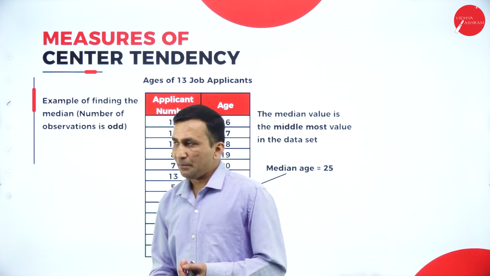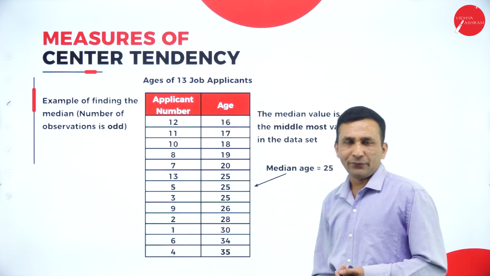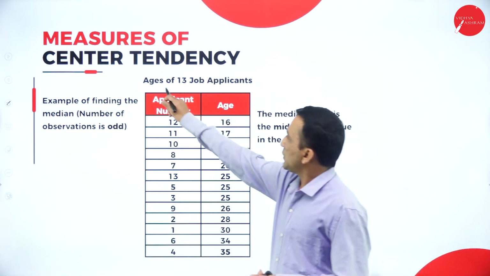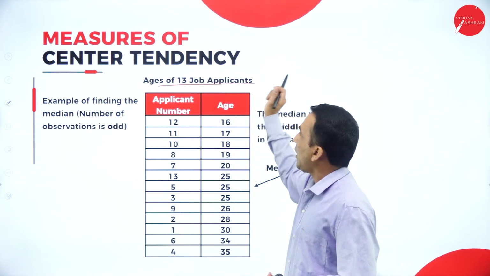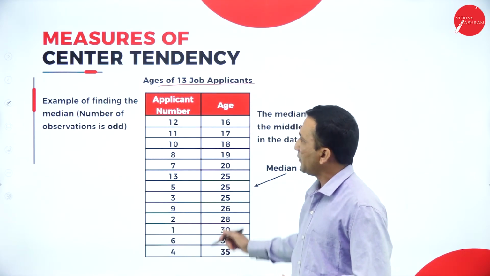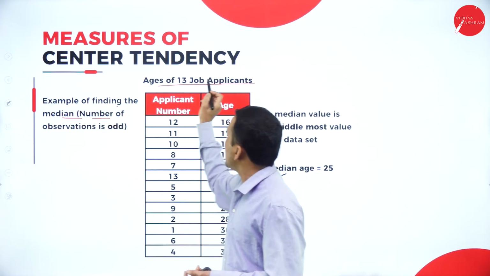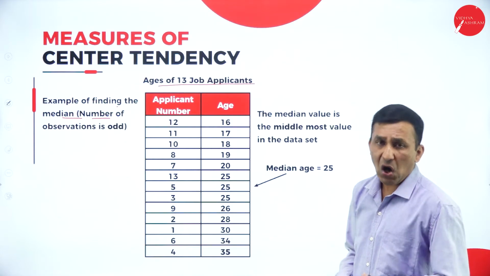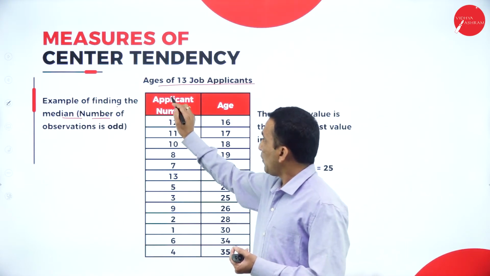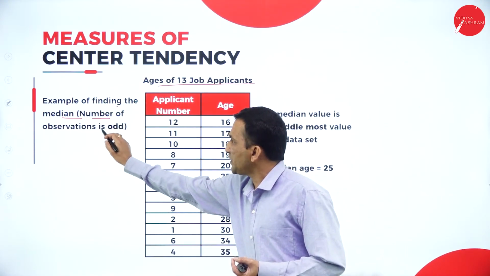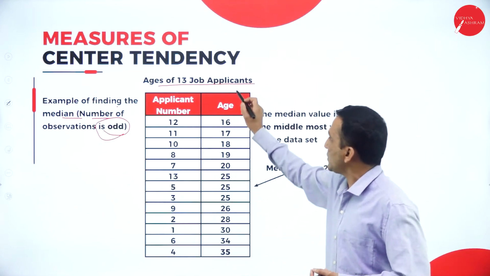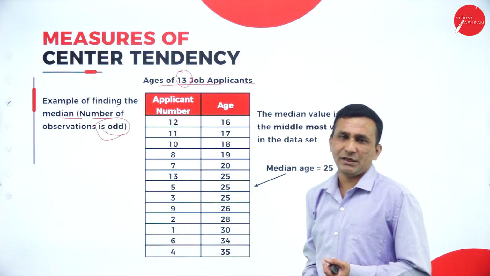Moving to the next slide. There are a few examples given in vertical format, column wise. The ages of 13 job applicants. There are 13 applications given. This is an example for finding a median, because 13 is an odd number, so the observation count is very transparent, as it is clearly specified in the question.